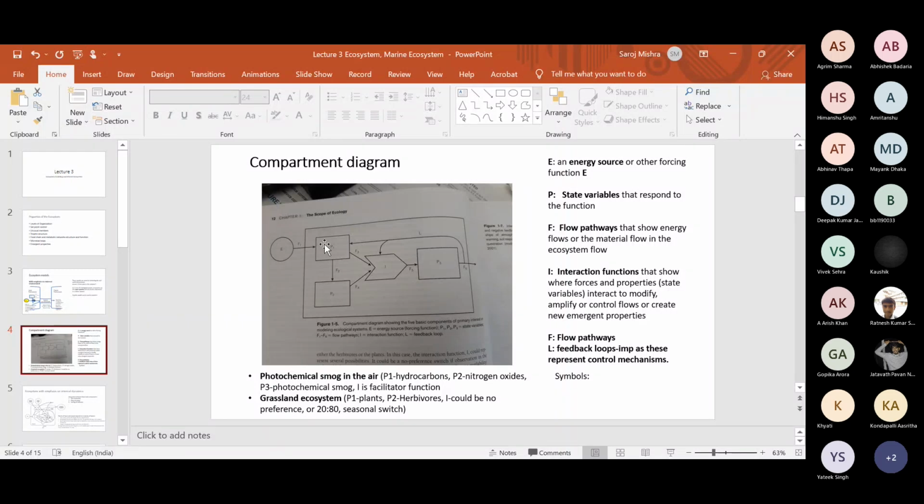All right, so these are interacting with each other, and that is what is shown here. So novel kinds of compounds are being formed because of the interaction of P1 and P2, as a result of which photochemical smog is formed. Okay, so I here is a facilitator function, or in other words, it is an interaction, because the symbol which you see here is that of interaction.